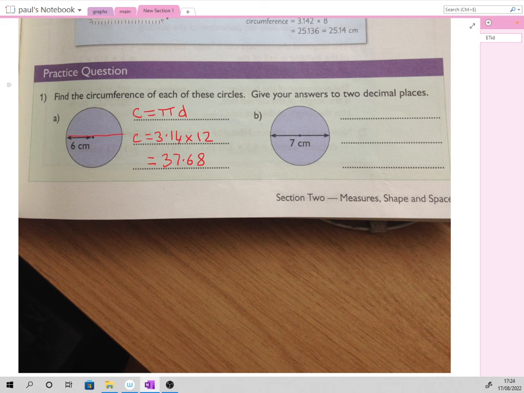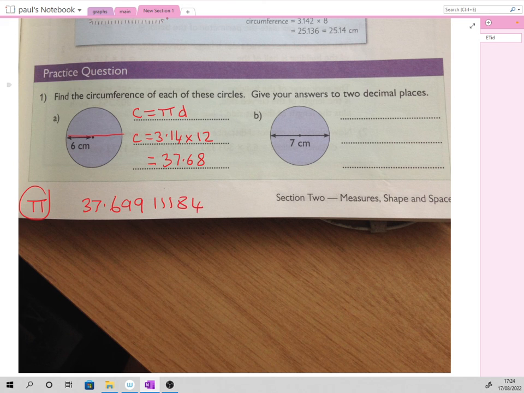So pi times 12, this can only be done on a calculator, by the way, equals, and this comes up when using the pi button on my calculator, my answer is 37.6991184.